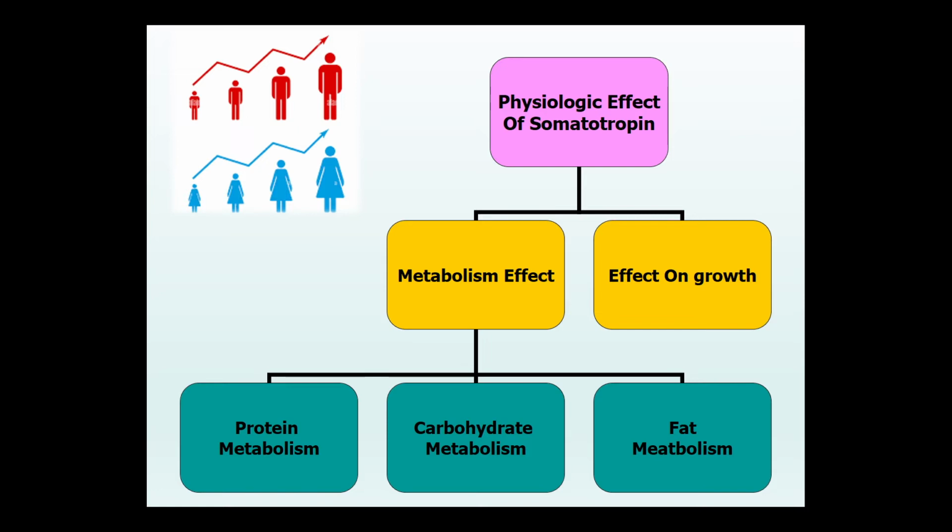IGF-1 also appears to be the key player in muscle growth. It stimulates both differentiation and proliferation of the myoblasts. It also stimulates amino acid uptake and protein synthesis in the muscles and in other tissues.